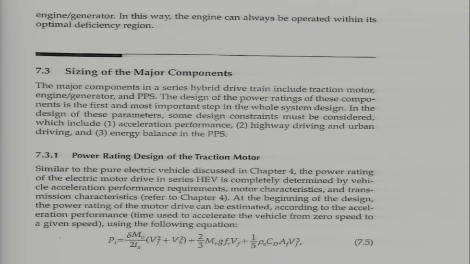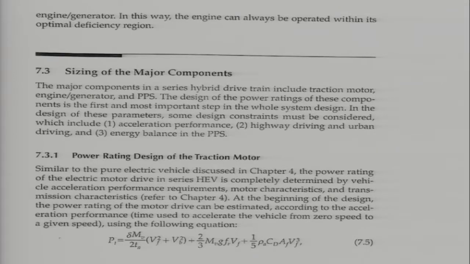Here is the equation which is given for the power rating. So this is the power rating. It has three components. The first component decides the acceleration performance. The second parameter is the rolling resistance power, and the third parameter is the aerodynamic drag component.